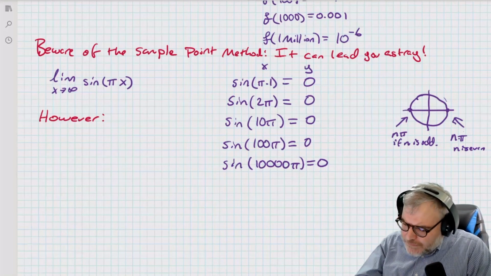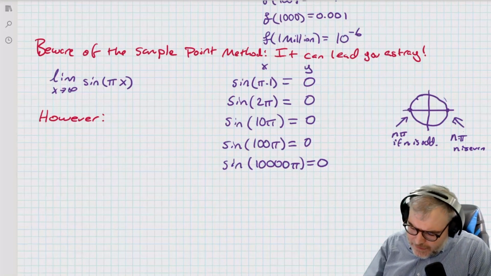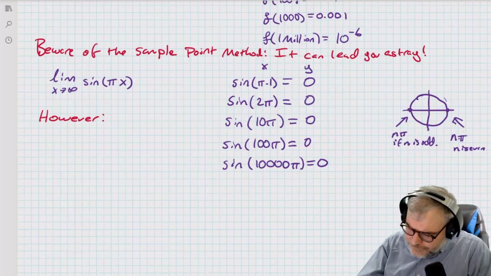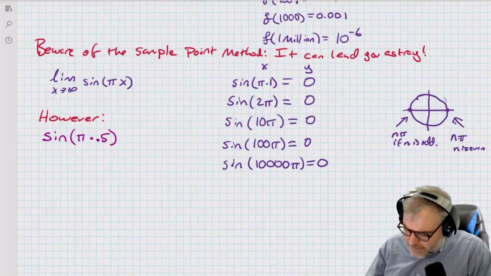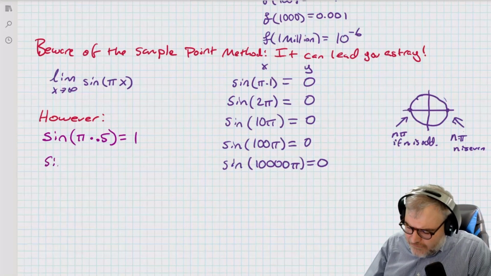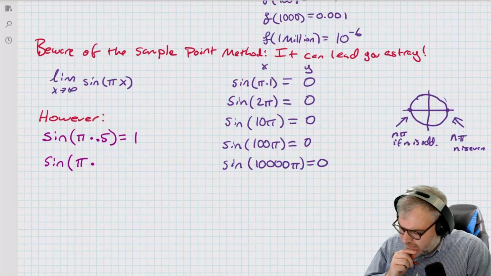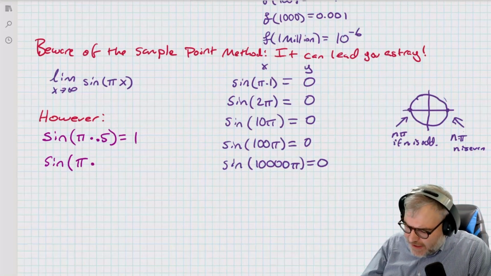However, watch what happens when I do this. The sine of pi times 0.5 equals 1. Sine of pi times, okay, right? Because I'm right here.